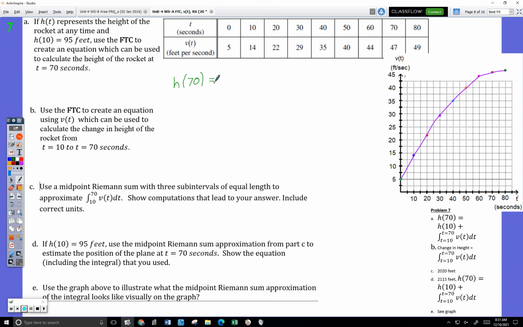Super close. 2 points for Ty. Just one small error, Bridger. It'd be plus. So we'd have H of 10, 2 points for Bridger, plus the integral from 10 to 70 of v of t dt. Ty, do you see your error? Yeah. Okay.